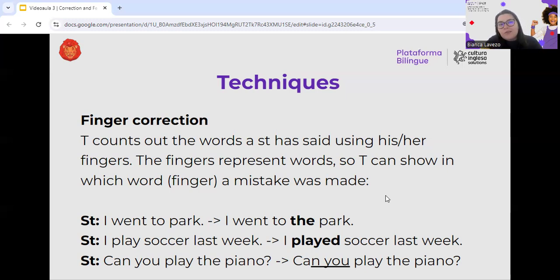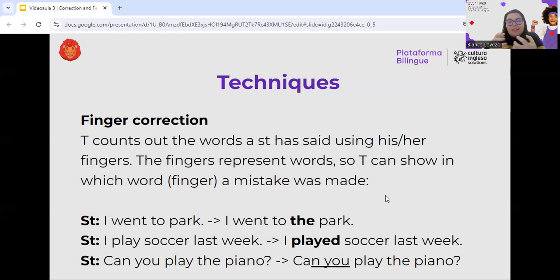It could also be done to talk about pronunciation, right? When you want to focus on getting students to pronounce the linking sound. So if a student says, for example, can you play the piano? You show them, right? Can you play the piano? And you show them like this. Can you? Can you? Can you play the piano? You show them that your fingers are together.